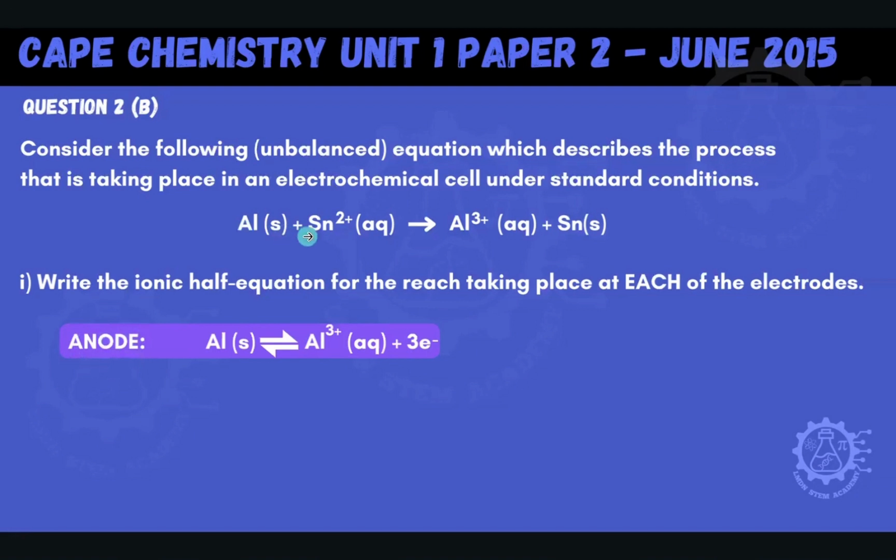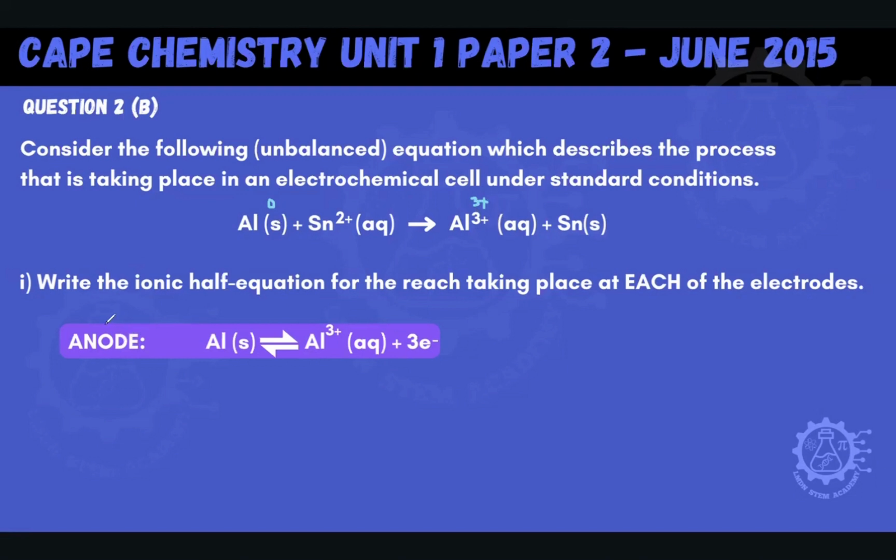And when we look at our full equation, we see that the metal that's being oxidized is the aluminum, right? The aluminum in the solid state has an oxidation state of 0, and then over here, it ends up being 3+. So we're going from 0 to 3+, so that's an oxidation of the aluminum metal.